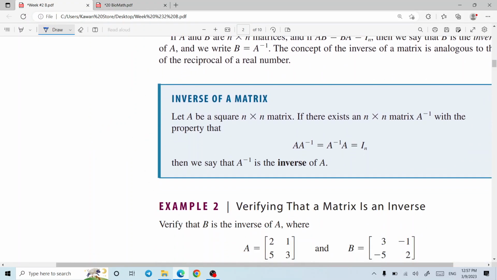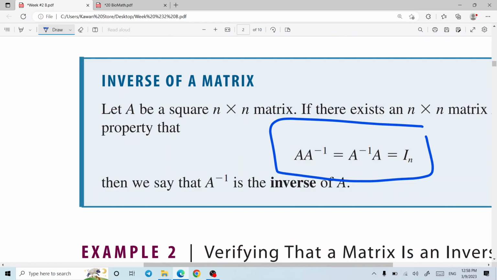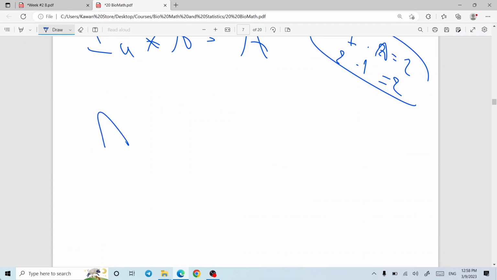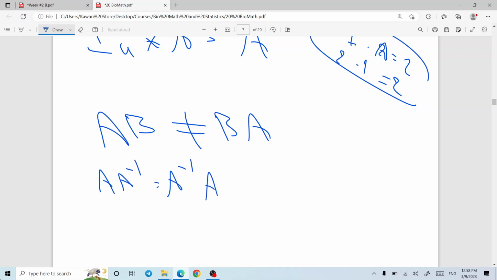Now, look at here. What did we say in the previous section? We said you cannot say A multiply B is equal to B multiply A, right? But here we say that. Why? I told you there is only one case where they are equal. So AB generally is not equal to BA, but if A and B are inverse, yes, we have that.